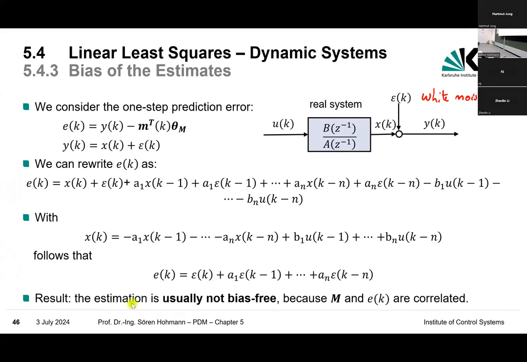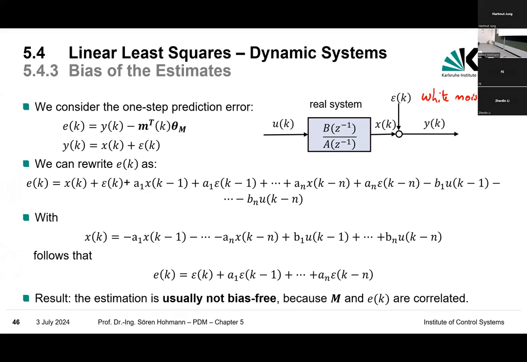Exactly, because obviously epsilon k enters here, and there I shifted a little bit. So in probability, I have a dependence between epsilon k minus 1 and epsilon k. So ek can't be white noise.